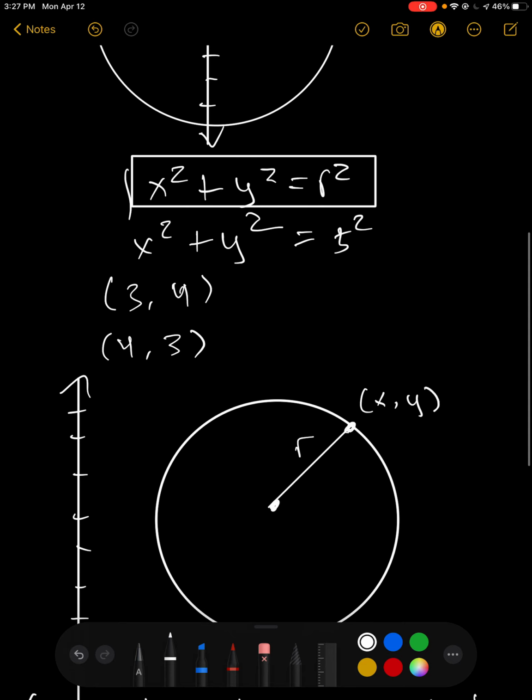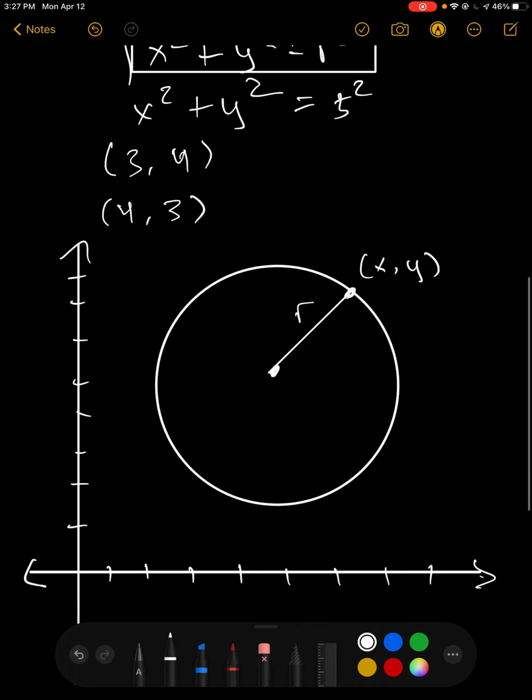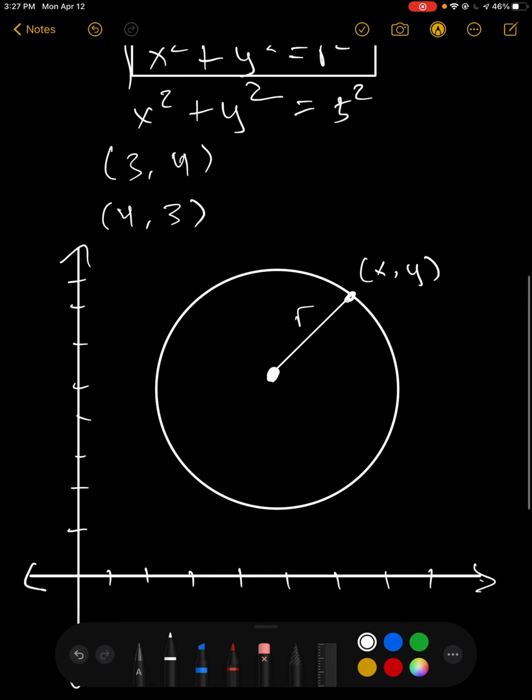So same thing, (x, y). Now we're actually talking about something new. We don't know what the center of the circle is, so we can call this any point. The center is called (h, k).